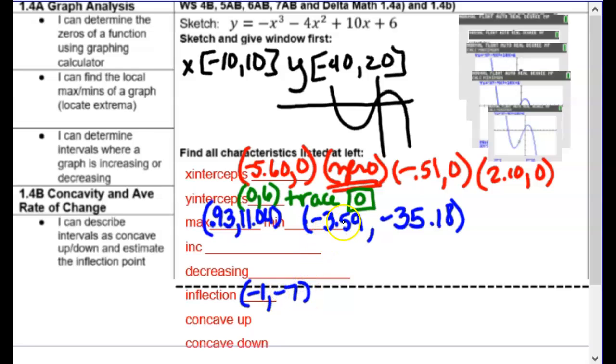Okay, now, I like to, on my graph, actually write the x values only for the max and the min so I don't get confused. This max up here had an x value of 0.93, and this min had an x value of -3.59. So now, when I go to do increasing, where is it?